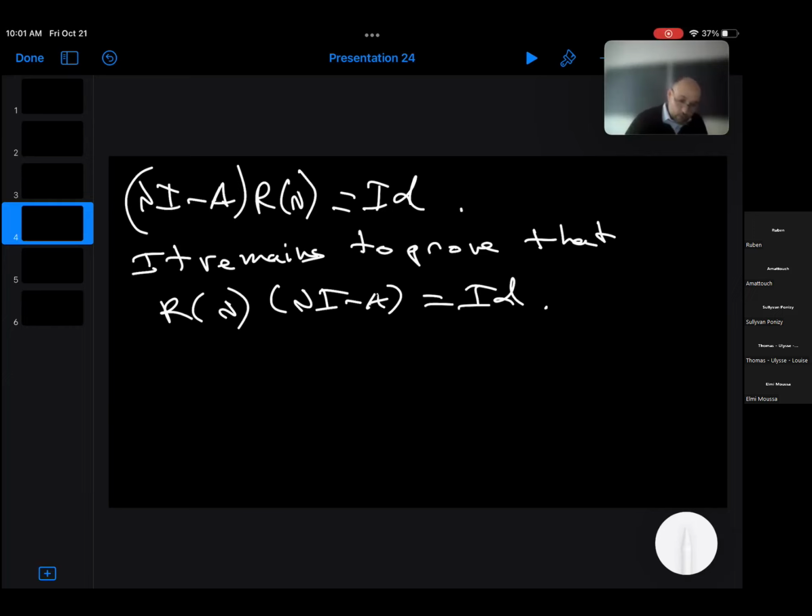And so to do that, let's compute R lambda A. Try to get an expression from this one. So you replace R lambda by its definition and try to get something.